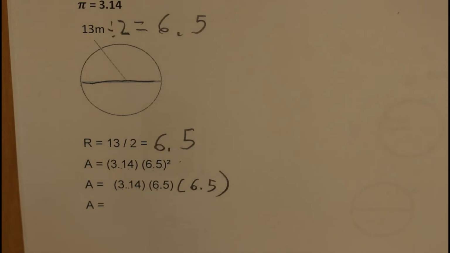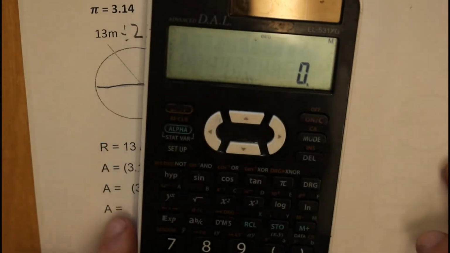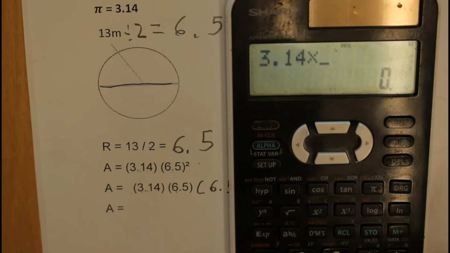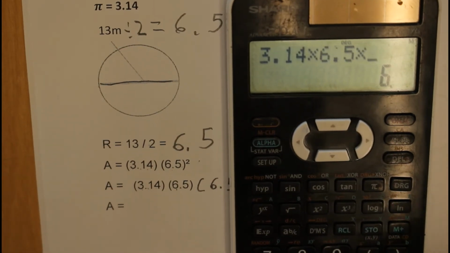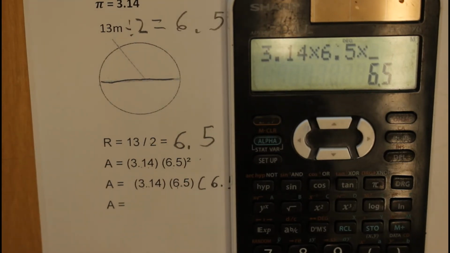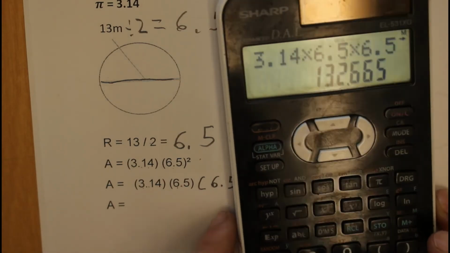Don't use the squaring button, just type it straight in like that, and there'll be no mess ups. A lot of people just do times 2. And we get 132.67. Just go to the second decimal point and round.